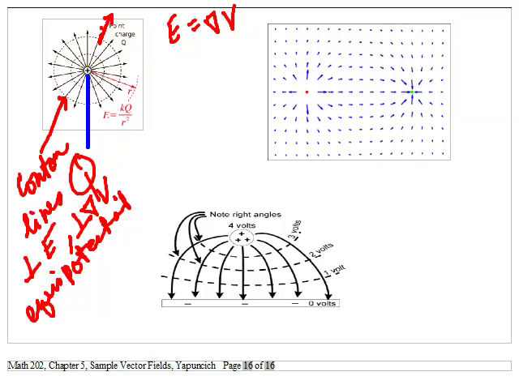This is a more complicated one over here where you have 2 charges, just to show you that the pattern gets more complicated with more charges. In this case we're looking at the field going from this assembly of charges making 4 volts down to 0 volts here.